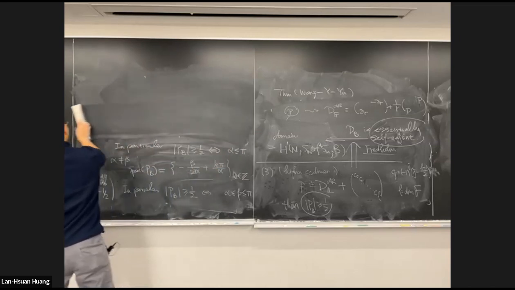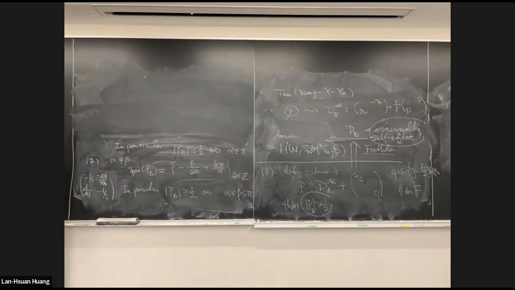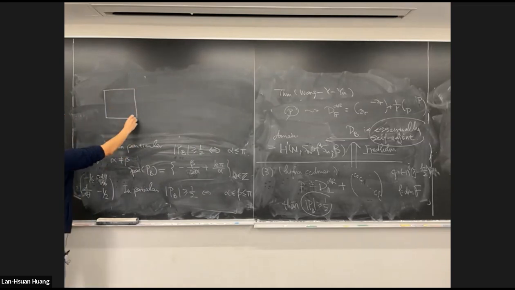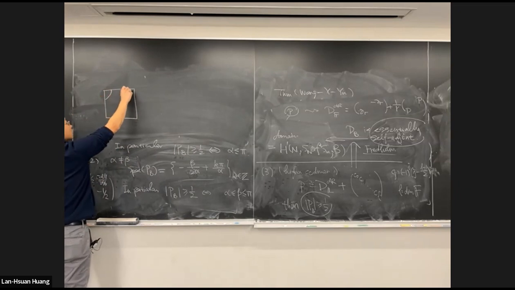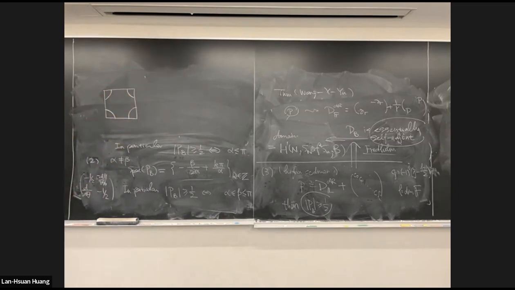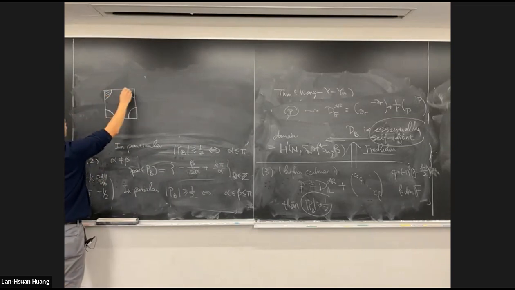Instead of going through all those details, let me give a conceptual explanation. Now I want to compute the index on this, which has corners. I have 4 corners. Let's cut out these 4 corners.